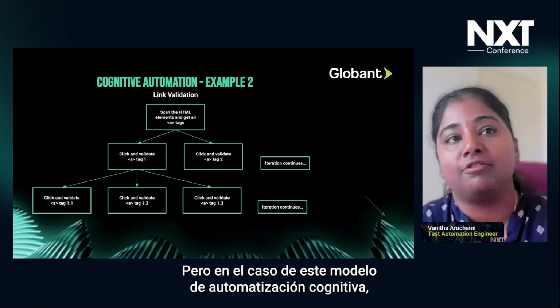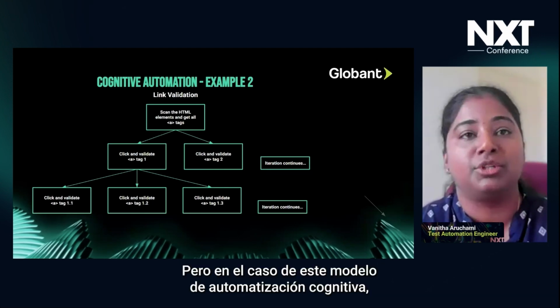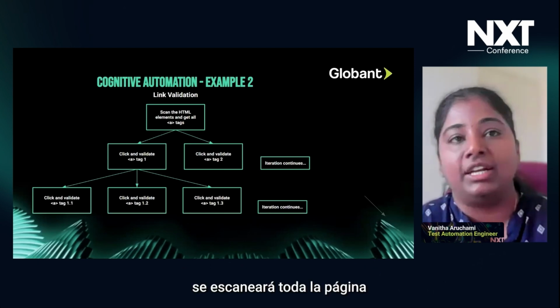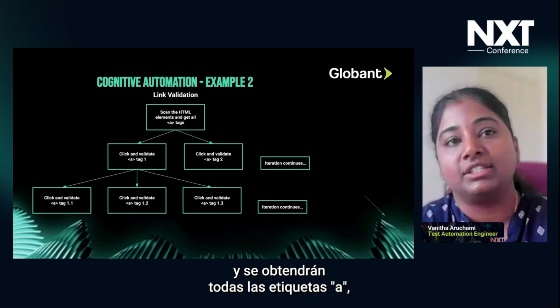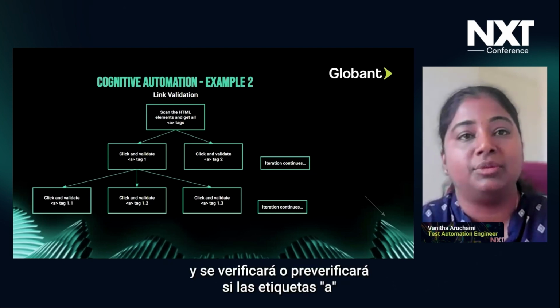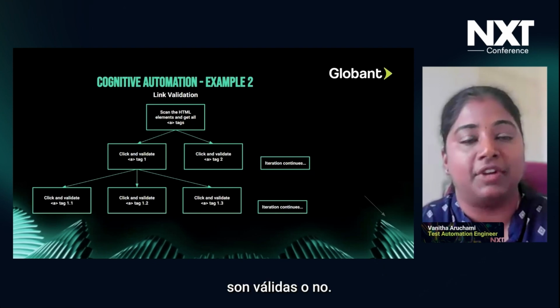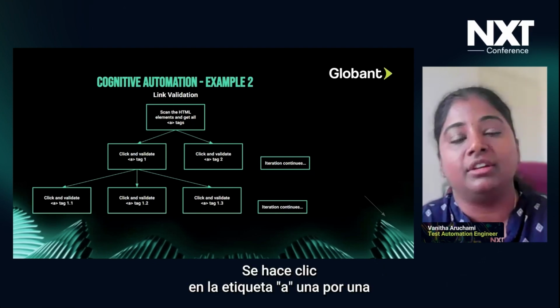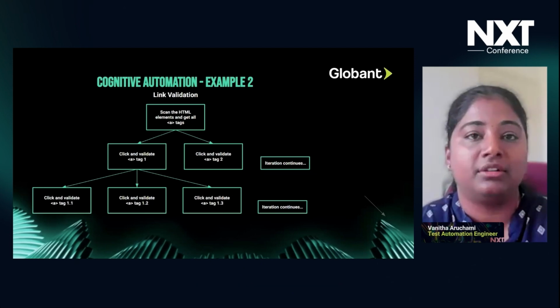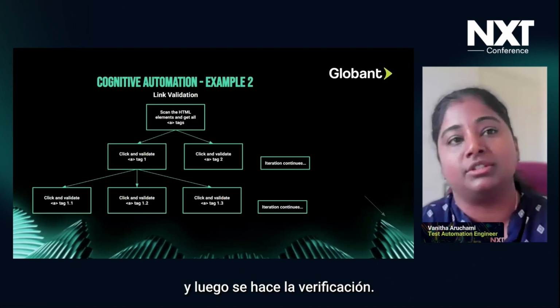But in the cognitive automation model, the entire page will be scanned and it will get all the A tags, and those will be pre-verified to check whether the A tags are valid or not. It will click the A tags one by one and check the post verification.